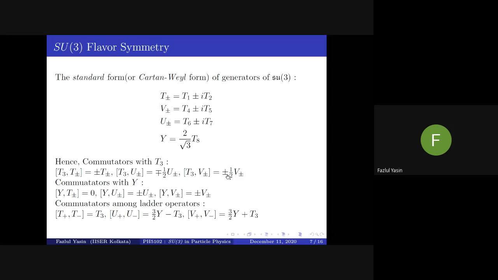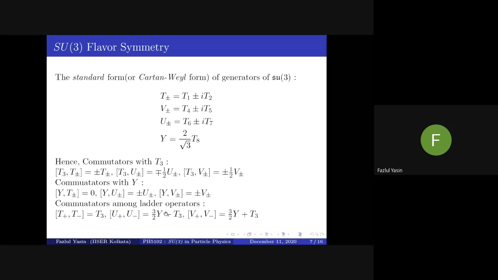Similarly for T3 and V plus minus. Again, similarly, we can look at commutators of Y: T plus minus are eigenvectors of adjoint Y with eigenvalue 0, and U plus minus are of adjoint of Y with plus minus 1, and similarly for these.